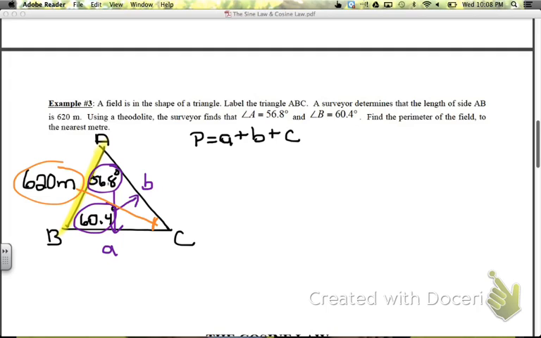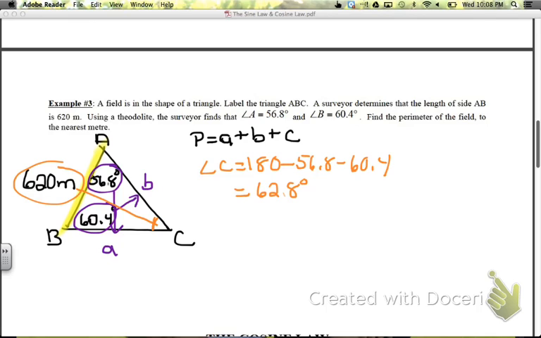Well, since we know the interior angles of a triangle add up to 180, I'm going to take 180 minus 56.8 minus 60.4, and what I'm going to get for my angle C is 62.8 degrees.